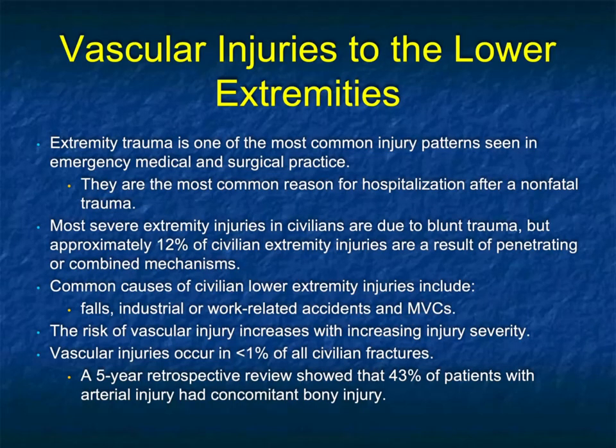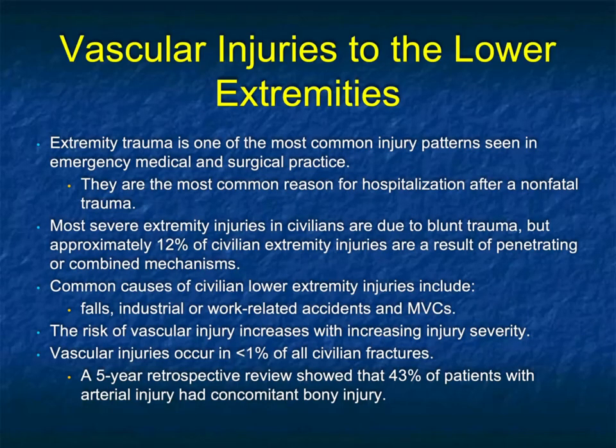The risk of vascular injury increases with increased injury severity, and vascular injuries occur in less than 1% of all civilian fractures. A 5-year retrospective review showed that 43% of patients with arterial injury had concomitant bony injury.